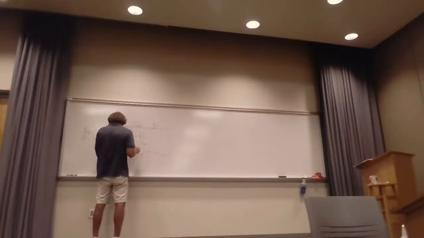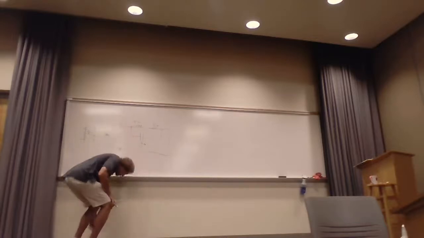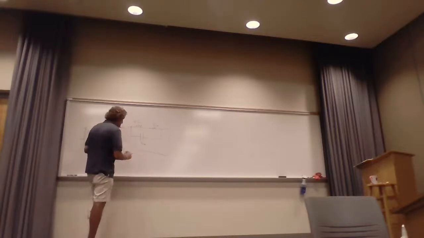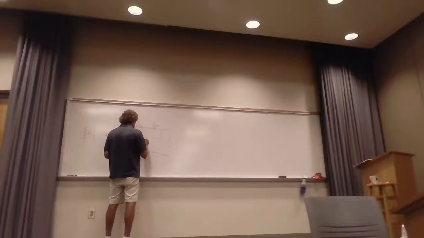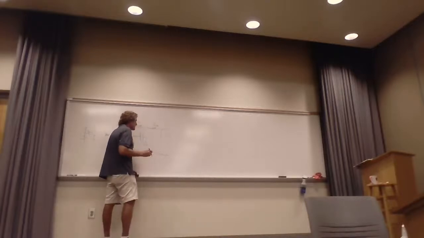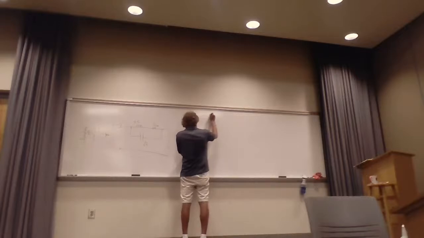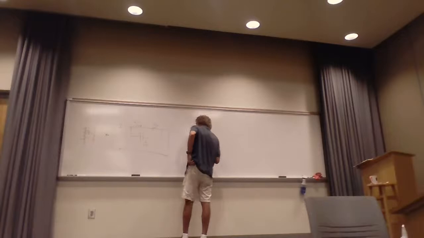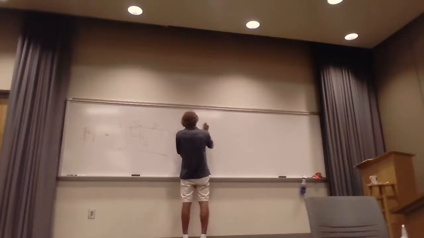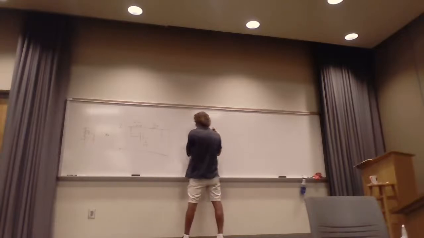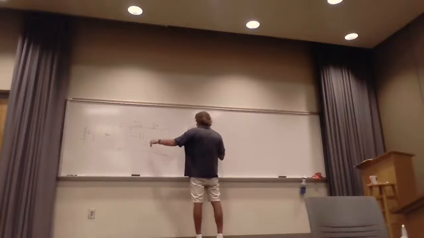This would have an impedance of 1 over CS. And we can say that the actual impedance, and again, S is equal to sigma plus j omega, but we can look at that and say that the actual impedance Z here is going to be equal to this in parallel with this.